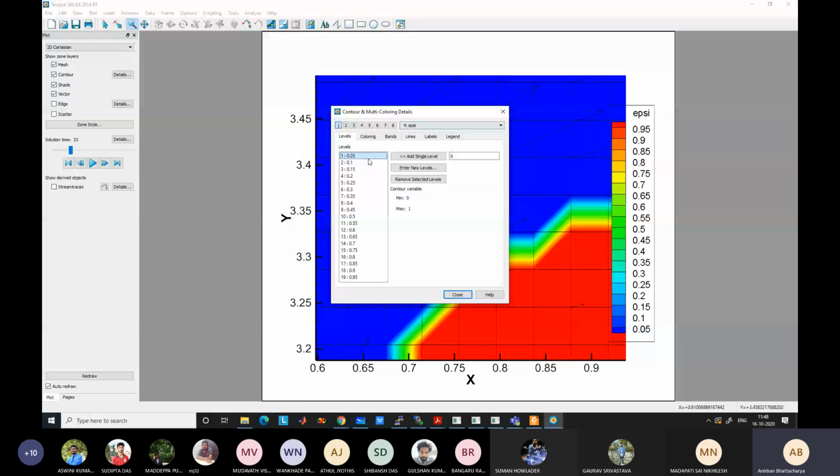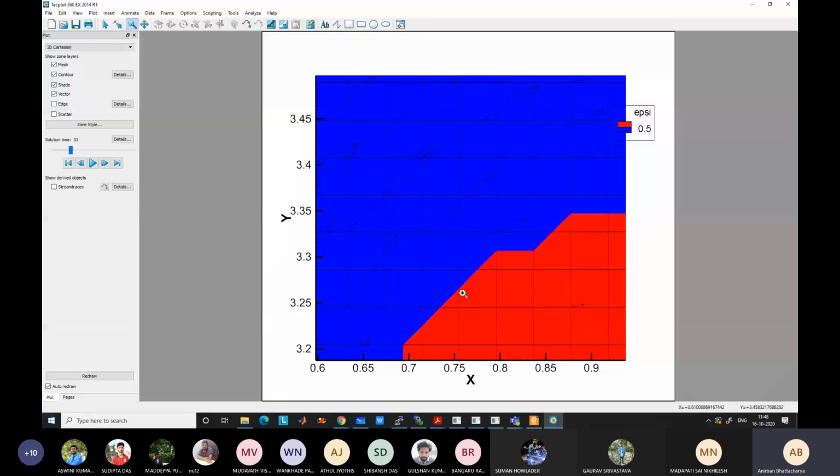It may be very high, 0.8 or something here. It may be 0.5 here. It may be 0.1 here. 0.7. Based on these values, Tecplot is combining them to draw some lines. But the value is a single value at each control volume. You do not have separate values. And the value is given at the center point. So although the line is shown here, actually we have just a value at the center point. That is the important thing.